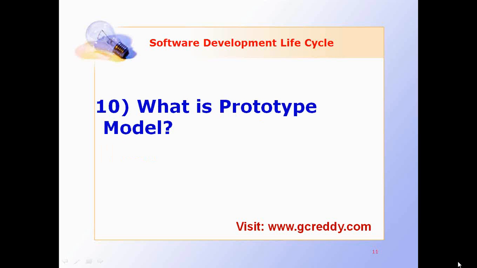Next, what is prototype model? Prototype model. It begins with requirements gathering. Developers and customers meet to define the overall objective of the software. Developers prepare design documents using all available requirements, then build the prototypes.